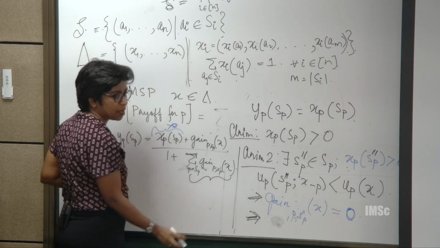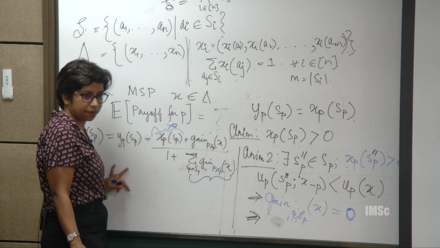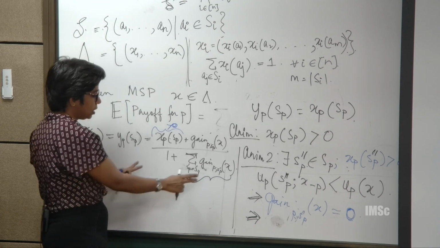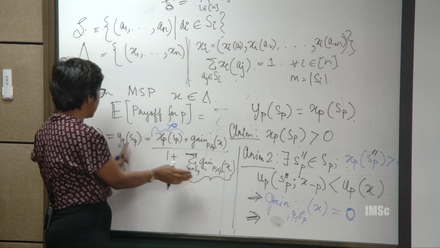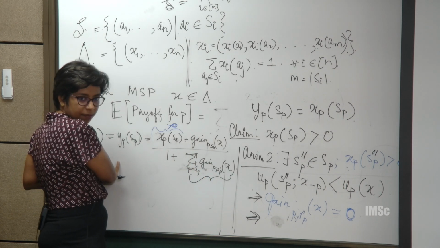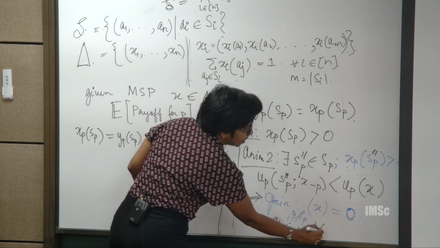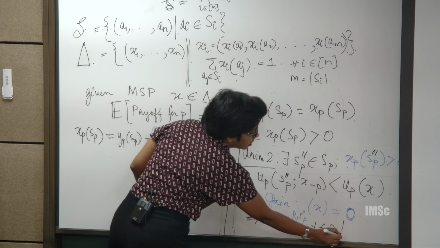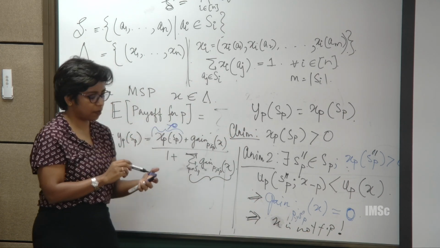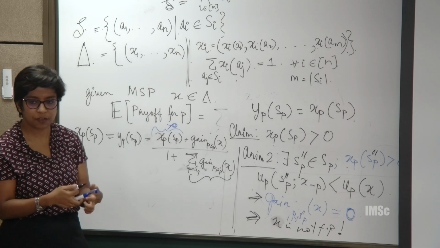What can we say about this summation? It is still greater than 0, why? Because S dash P was positive. So, the right hand side cannot be equal to the left hand side. Okay. So, it is not a fixed point. It contradicts what we started with at the beginning, which is that by definition x was a fixed point.